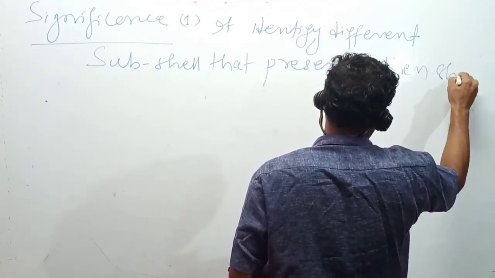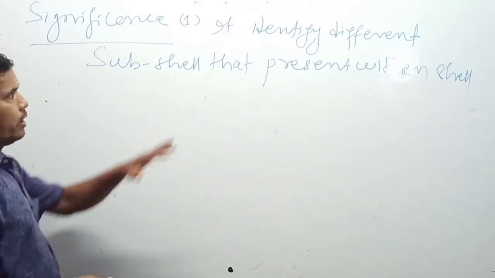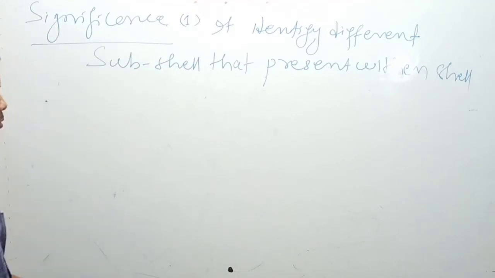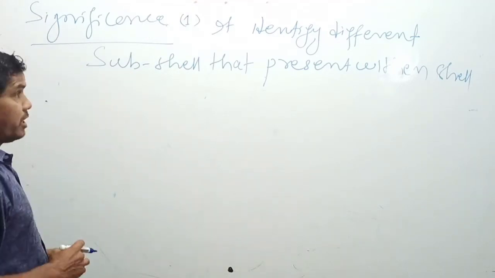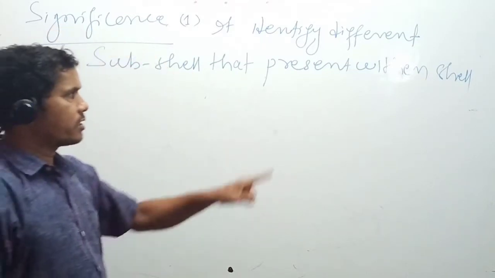Right? Whenever we understand this significance, we will understand this azimuthal quantum number. So it identifies the different subcells that exist within a cell.